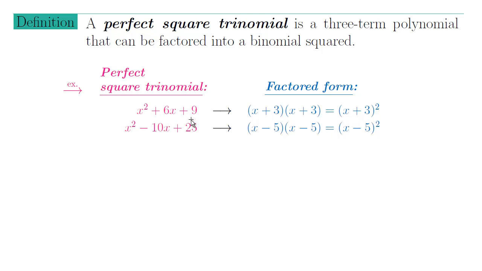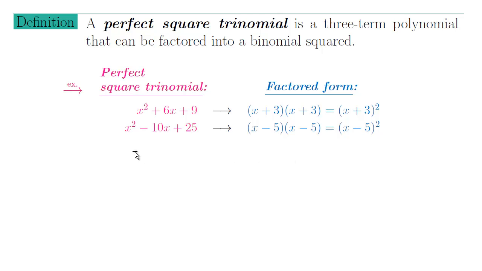Notice x squared plus 6x plus 9 factors as x plus 3 times x plus 3, which we can write as the binomial x plus 3 quantity squared. It's a binomial times itself. X squared minus 10x plus 25 likewise can be factored as x minus 5 times x minus 5, which is simply the quantity x minus 5 squared.